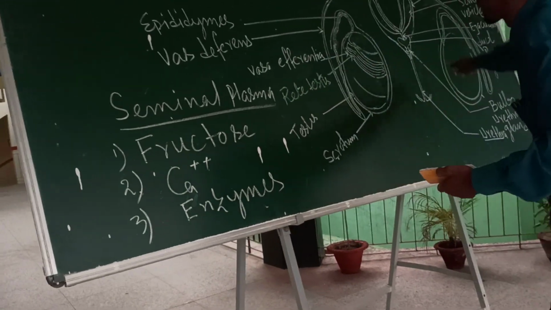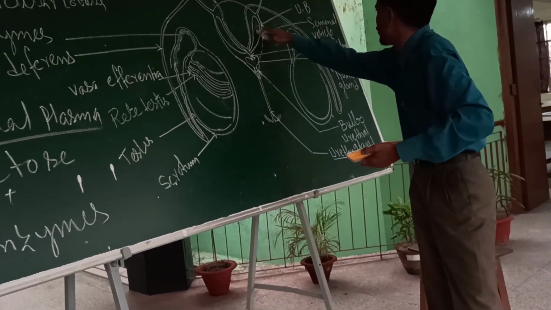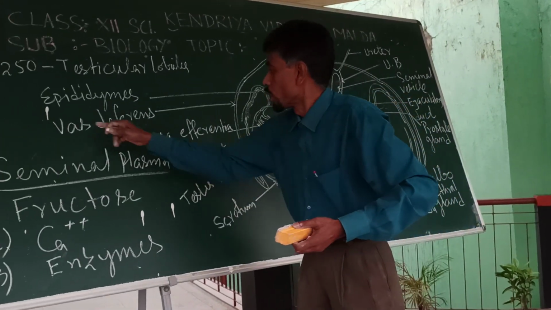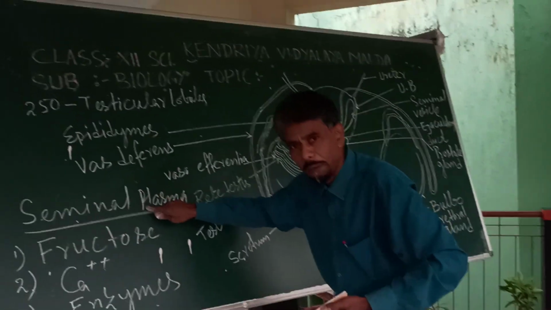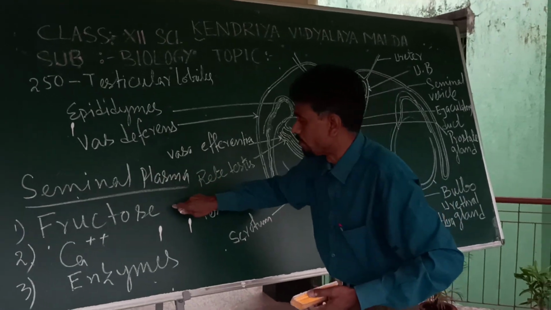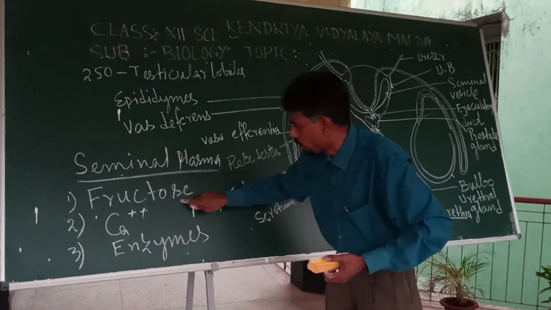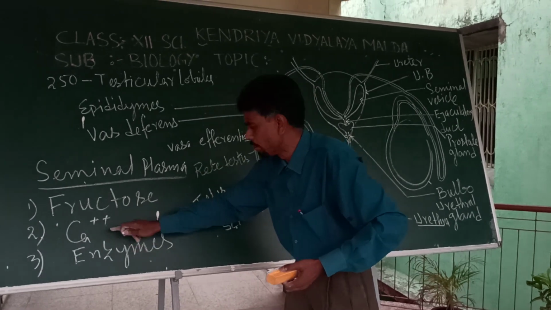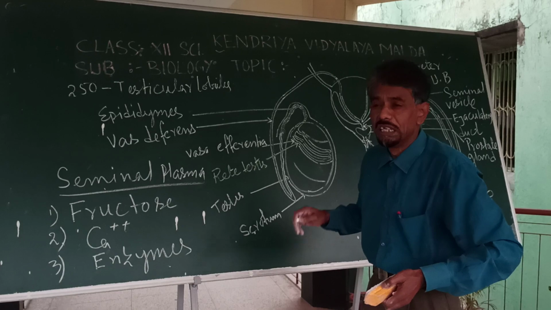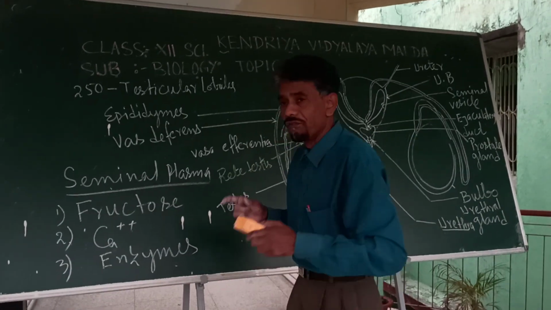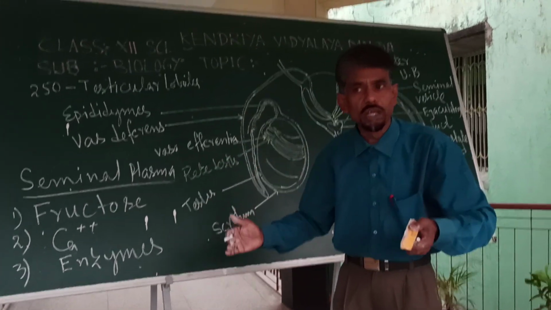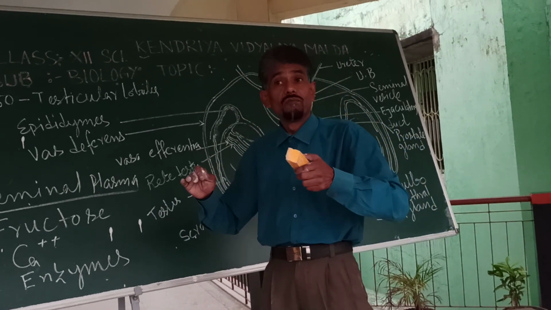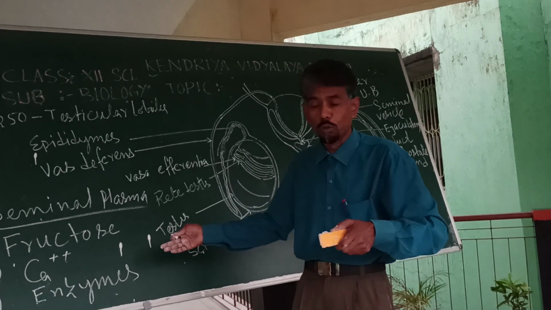So the secretion of these glands, that is the seminal vesicles, prostate gland and bulbourethral glands, is commonly called seminal plasma, which is very important because it contains fructose, calcium ions and enzymes. These are very important for the maturity, nutrient supply and further activeness of the sperms.